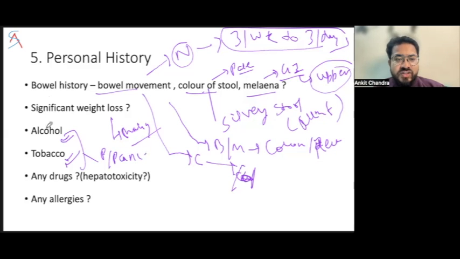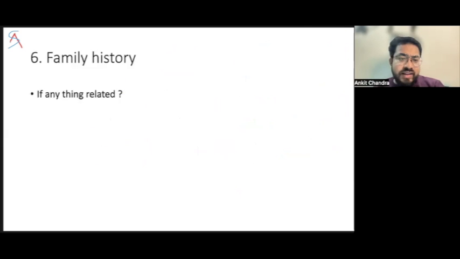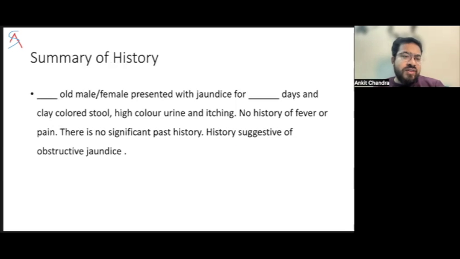And CBD stricture is very common in chronic alcoholics. Ask whether the patient is taking any drug which is causing hepatotoxicity, like TB medications, so the patient might have jaundice due to hepatotoxicity, and whether they are allergic to any drug. Then ask the family history, any congenital anomaly or not.